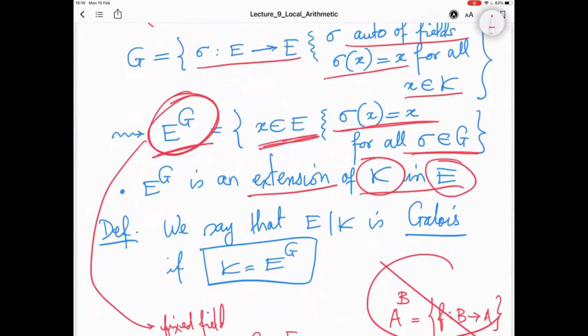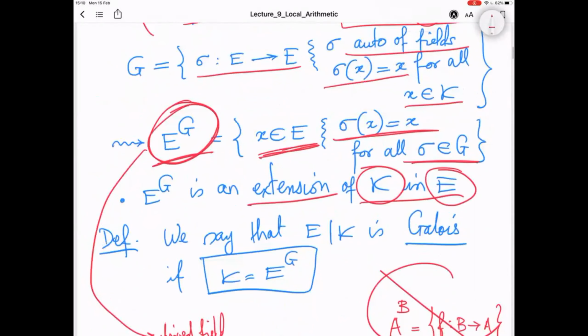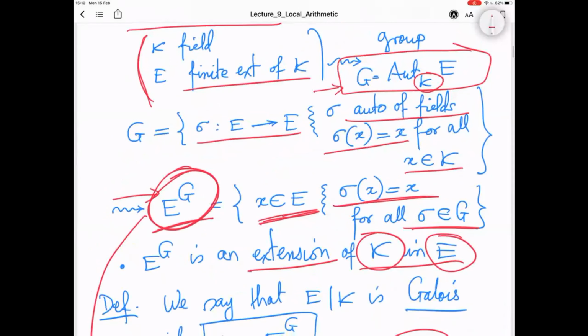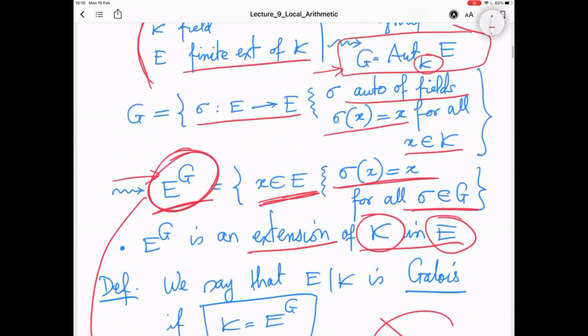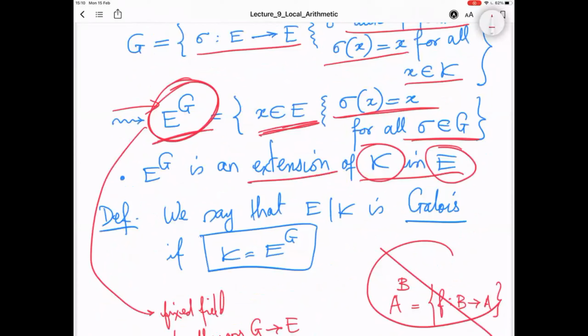Now, I have not defined anything yet. I've just explained that whenever you have a finite extension, you have the group of automorphisms and the fixed field of that group of automorphisms. But here is the definition. So we say that this extension E over K is Galois if the fixed field is equal to the base field, if E^G is equal to K, right?